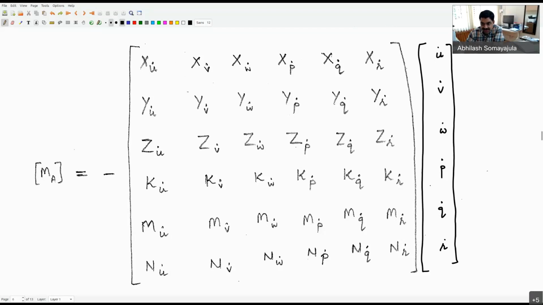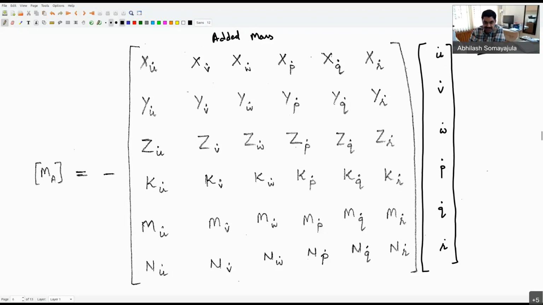Now, when I multiply this added mass with the accelerations, these are notional accelerations. This is not the exact accelerations because this is expressed in the body fixed frame, and we need to convert them into the GCS to get the actual accelerations.